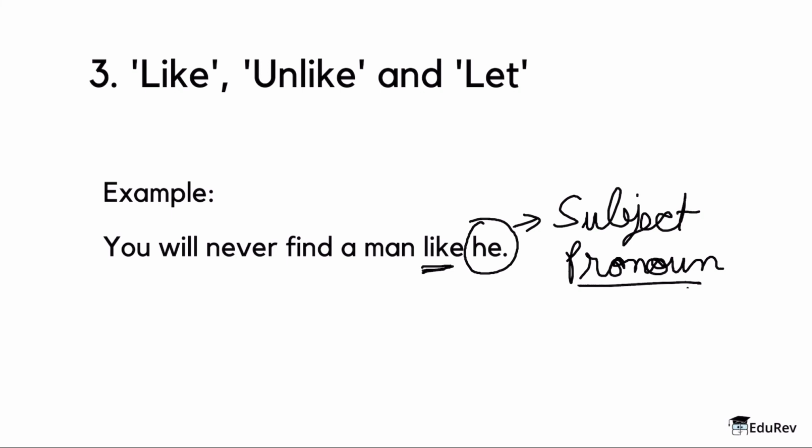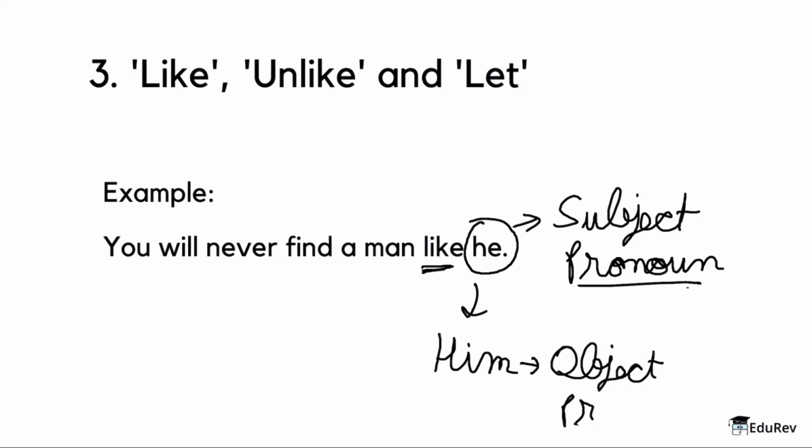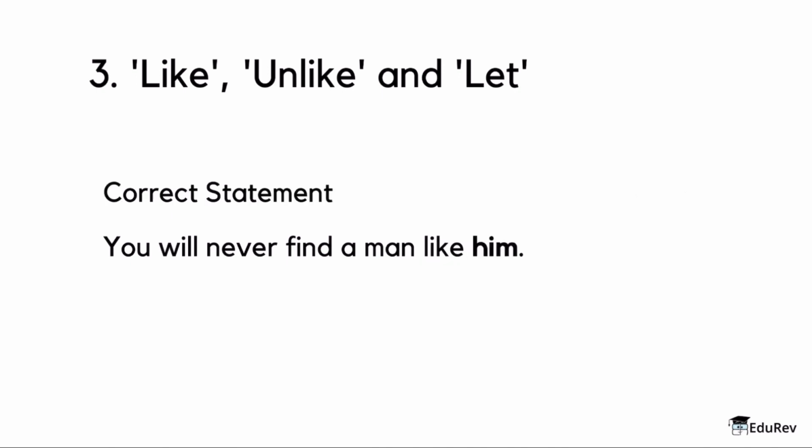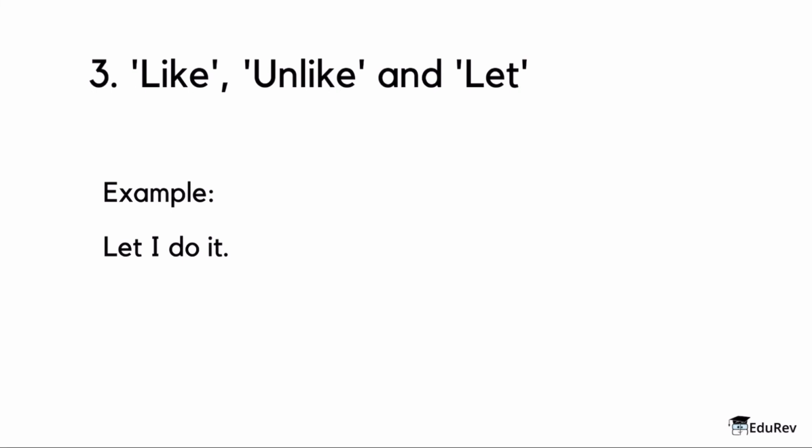In place of he, him will be used, which is an object pronoun. This makes it an objective case, as we just read. So the correct statement will be "You will never find a man like him." Now let's look at the answer. As you can see, the correct statement is "You will never find a man like him."